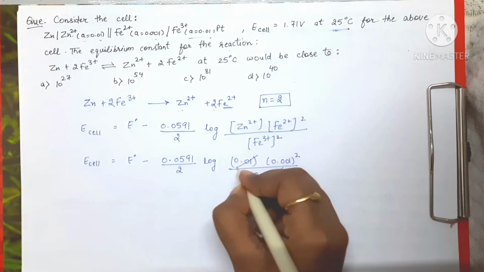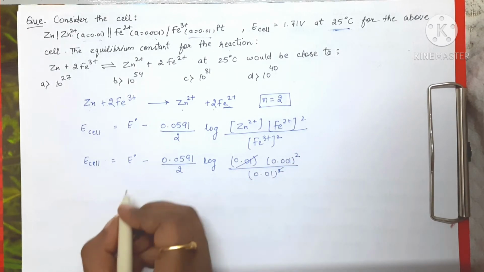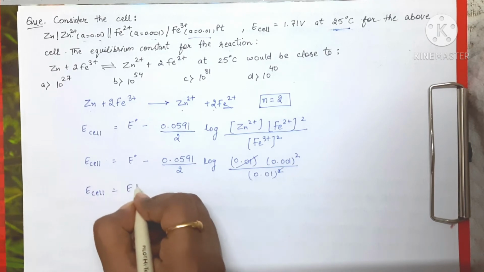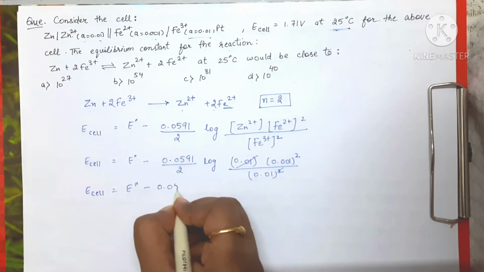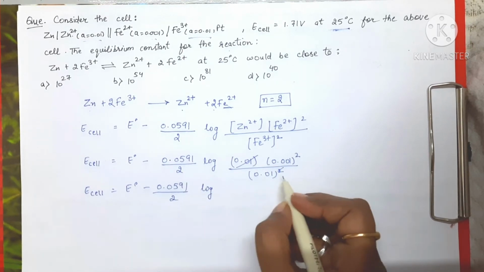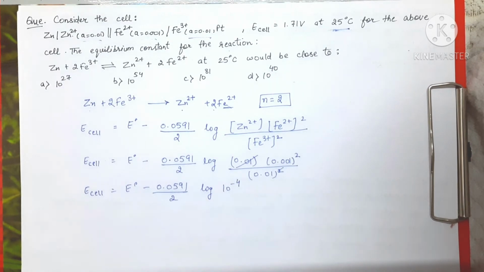This cancels out with this, and we have to divide these two. So E of cell will be equal to E naught minus 0.0591 divided by 2 log of, when you solve this, 10 raised to power minus 4.